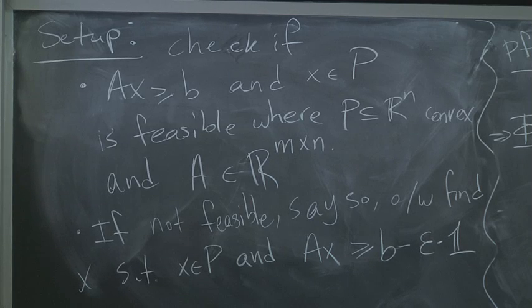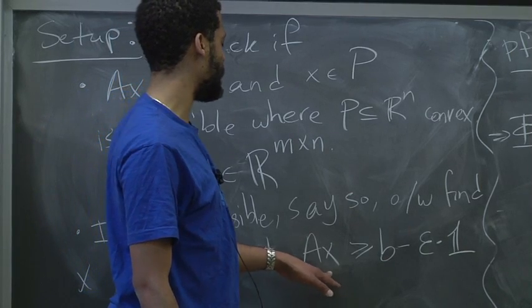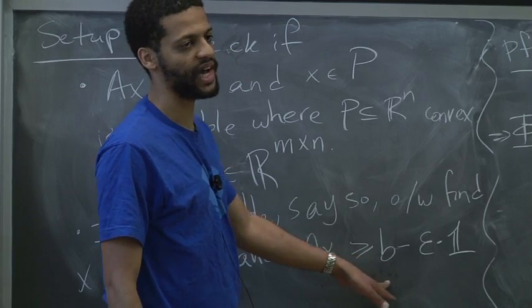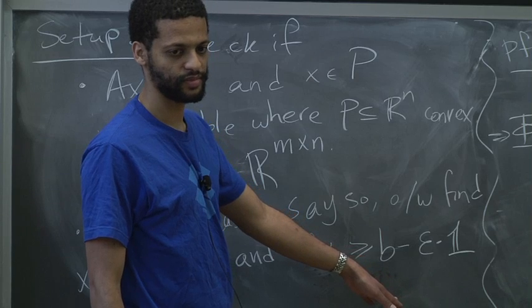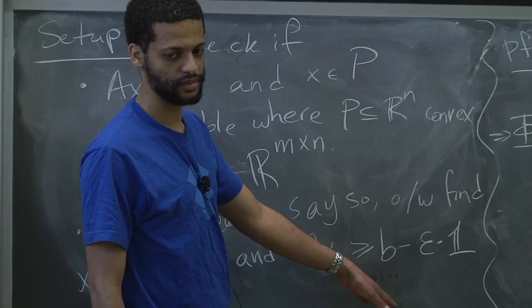Right, so we want ai dot x to be at least bi. So what I'm saying, ai dot x should be at least bi minus epsilon for all i.